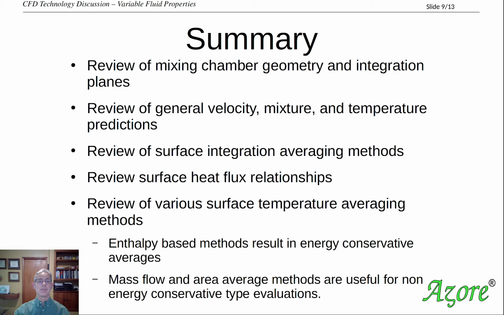Then we reviewed the surface flux relationships and how you would use the inlet fluxes to come up with what temperature, from a handbook, we would expect just by looking at the fluxes coming in. We could see that the enthalpy-based methods really give the same temperature throughout the whole system, which is what we would expect. But the mass flow and area average values vary throughout the system because of the variation in the mass flow rates and the temperature distributions.